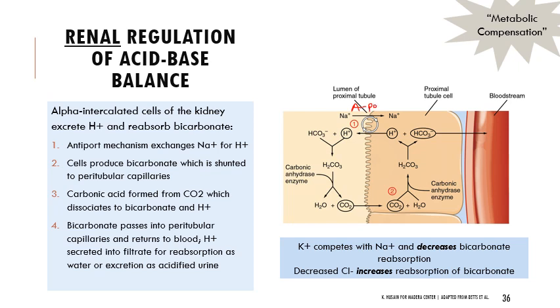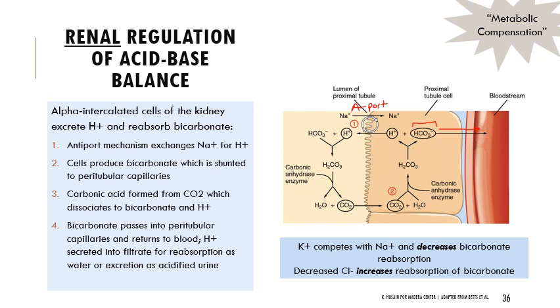Remember that symports move substances in the same direction, antiports move substances in opposite directions, so they exchange material. So here the antiport mechanism is exchanging sodium for proton, and so cells are then producing bicarbonate, which we see over here, and that bicarbonate is then moved into the capillaries that are adjacent to the nephron, the peritubular capillaries.